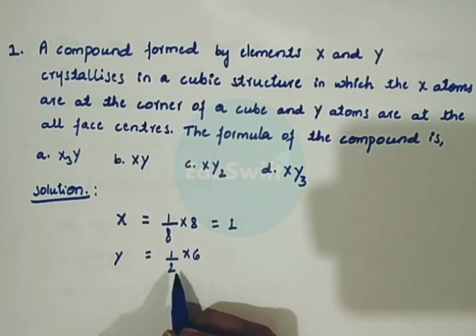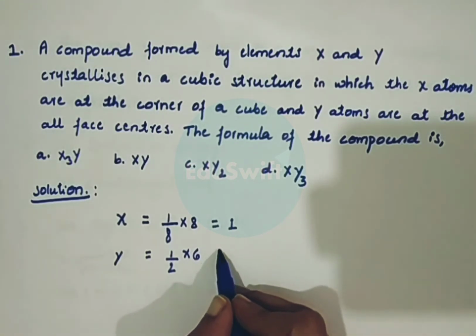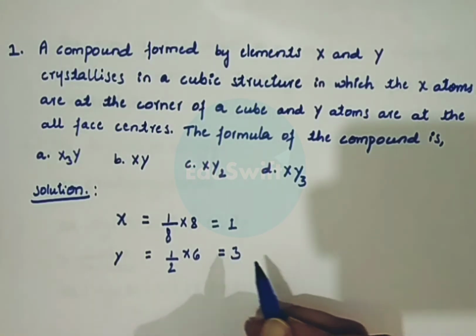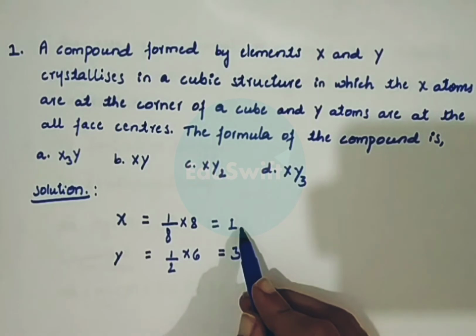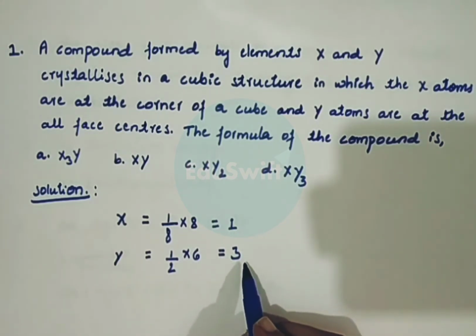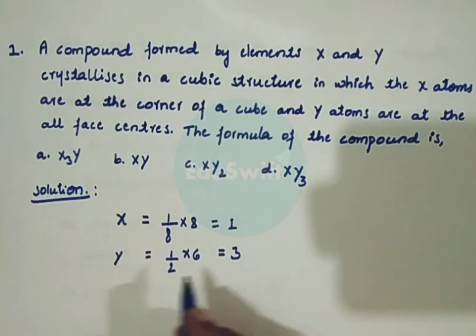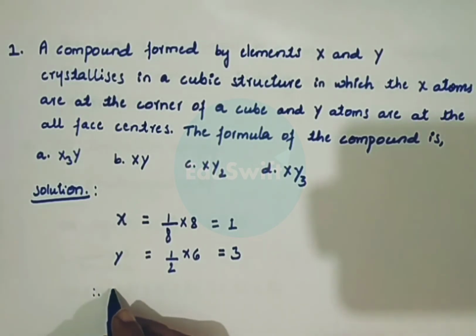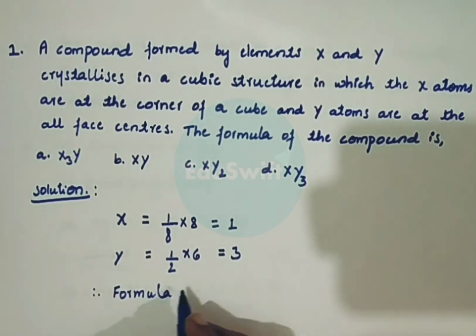Each atom is shared by 2 unit cells. So the X value we got is 1, the Y value is 3. Therefore, the formula of the compound is XY3. So option D is the right one.